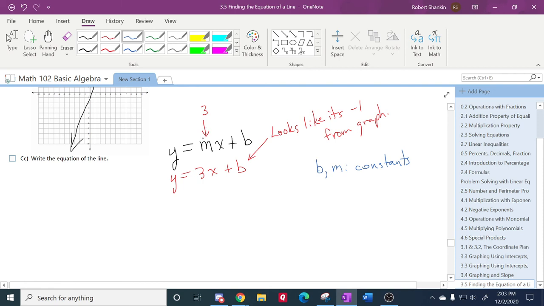It doesn't change. And when we find out b, it'll always be that. But x and y are variables. What does that mean? It comes right from the word variable. They vary. And I like to say they play the what-if game.